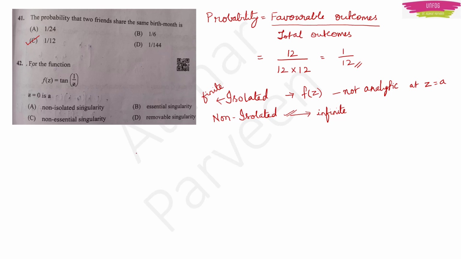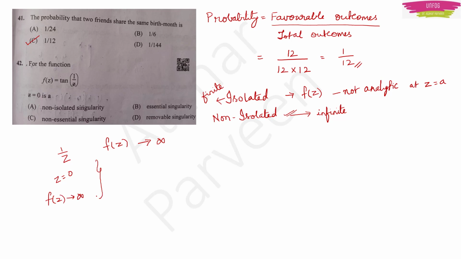Now if the function f of z is given, and if z is in the denominator, then only this f of z can tend to infinity, isn't it? If it is say 1 by z, then if z becomes 0, only then that function will become infinite.